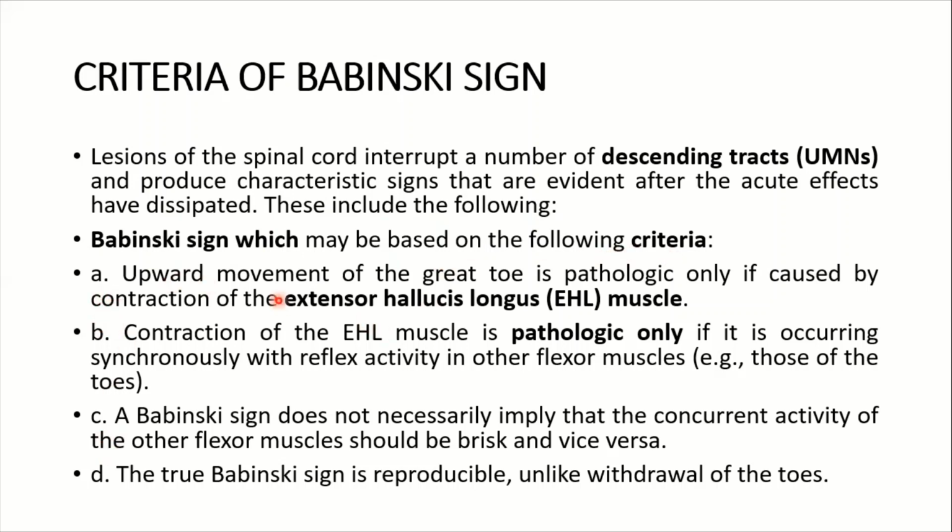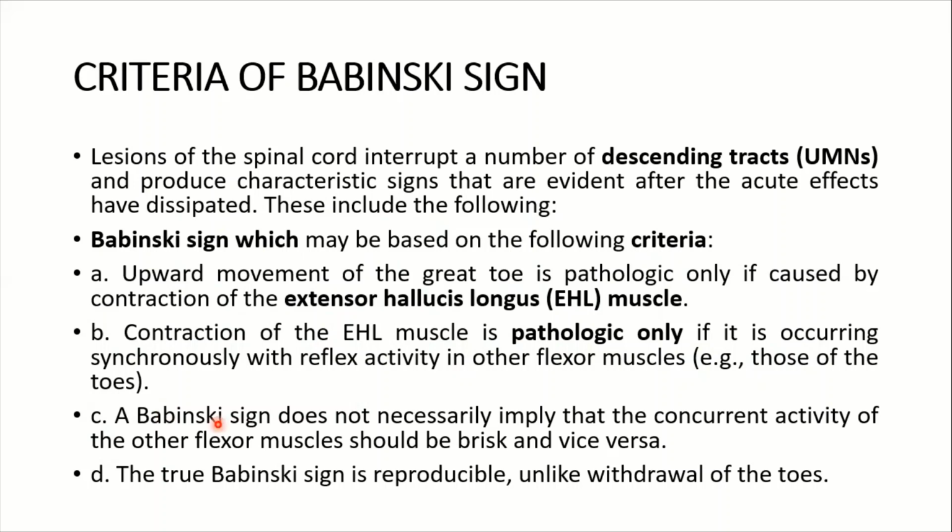Number one, upward movement of the great toe is pathological only if caused by contraction of the extensor hallucis longus muscle, right? And number two, contraction of the extensor hallucis longus muscle is pathologic only if it is occurring synchronously with the reflex activity in other flexor muscles, for example, those of the toes, right?